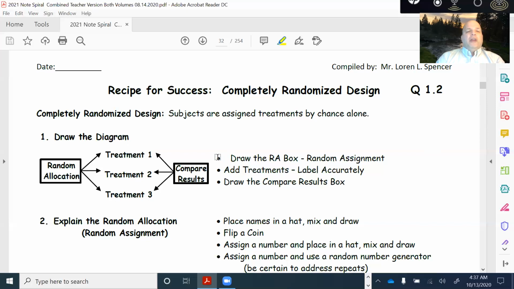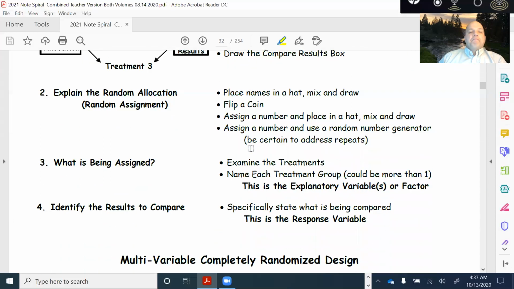It's possible that one of the treatments is the placebo and then something is a new drug or something like that. But there has to be something to compare to. So one could be the control group, and then one could be an actual treatment. Then finally, we have our response variable, and we're going to compare what happened with our response variable. And you need to be specific as to what it is you're comparing.